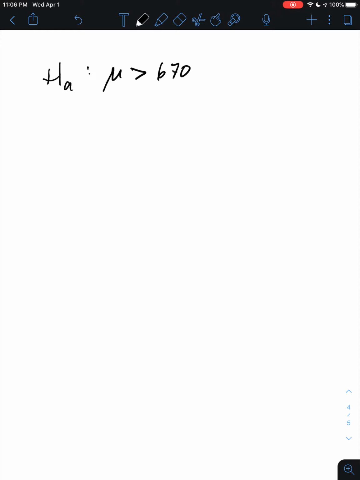So I'm writing a number in place of mu sub 0. I could also write it in the margin like this, and I could say mu sub 0 is equal to 670. So mu sub 0 is always a number. We just have to look through the problem statement to figure out what that number is.